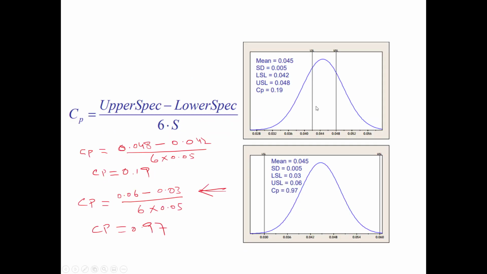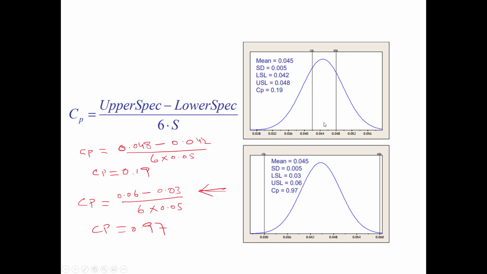You can see from this figure the lower specification limit and upper specification limit. Most of the area is outside of the specification limit, so visually we can see that this process is not capable. It means the process is only capable for 1 standard deviation.